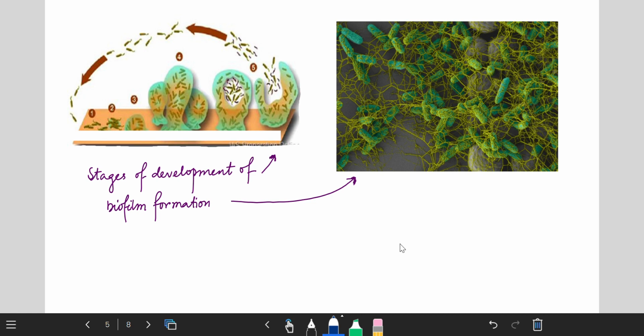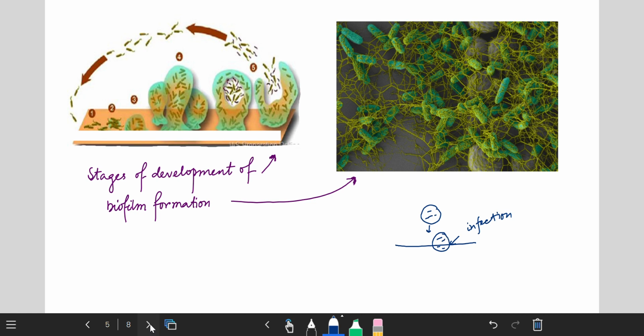It means if this is the cellular surface, when they form biofilm, they slowly become embedded in the matrix, and this contact causes the infection.